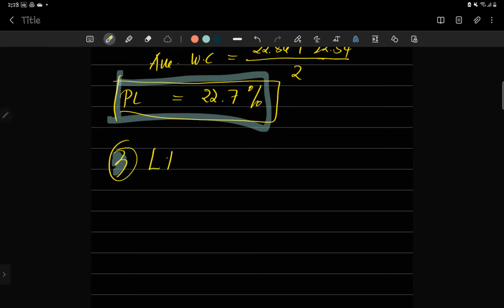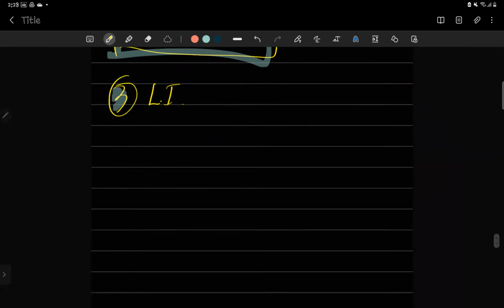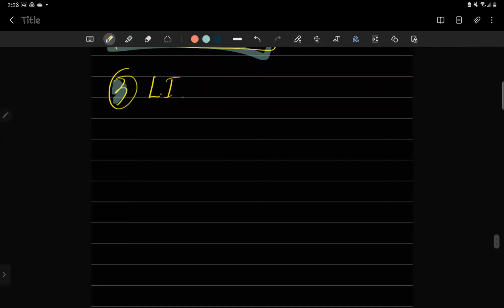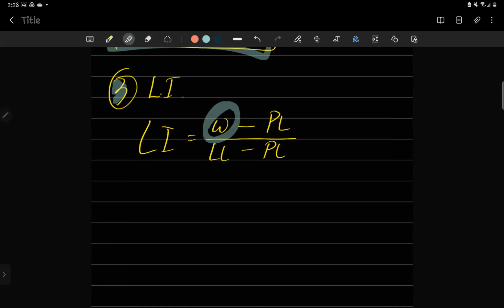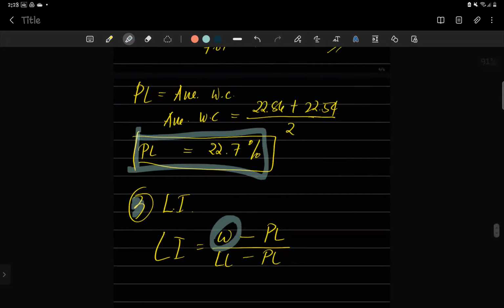The equation for the LI is LI equals the natural water content minus the plastic limit, all over liquid limit minus plastic limit. Now in this case, we need to solve for the in situ moisture content or the natural water content. So we have here the given.